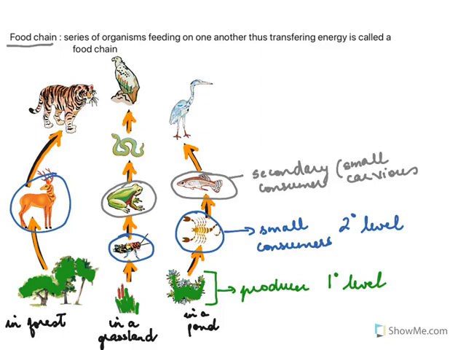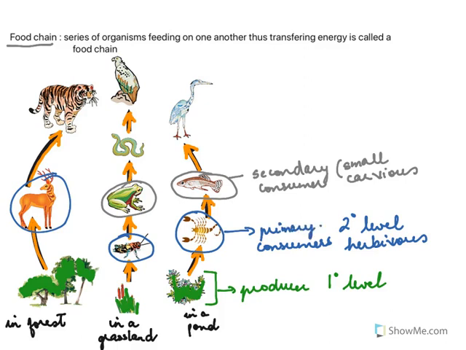When we go back to the small consumers, they were the herbivores. And these herbivores consumed the producers. We could call the second level also as primary consumers.